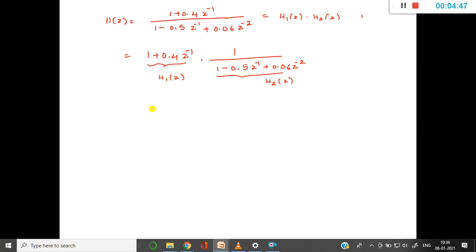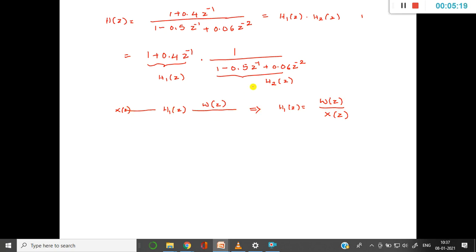Now direct form 1. In direct form 1, this is X of z, this is H1 of z, and output was W of z. Let us not worry about H2 right now. So ultimately H1 of z is nothing but W of z divided by X of z, right? So this is the first half portion of direct form 1.